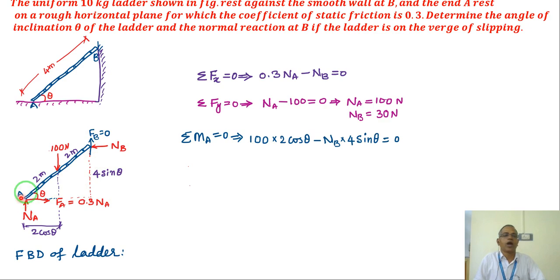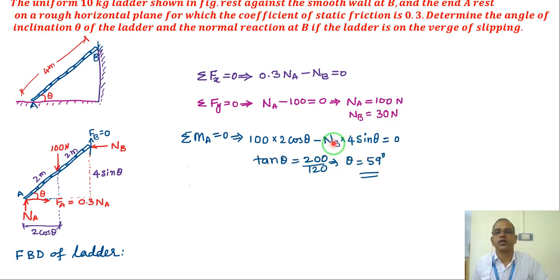So 100 into this distance. 100 is vertical force, horizontal distance is 2 cos theta. Then Nb is horizontal force, vertical distance is 4 sin theta, right? So Nb is 30, put it here, 30, right? So sin theta by cos theta equals 200 by 120, so theta is tan inverse of 200 by 120, I get 59 degrees.